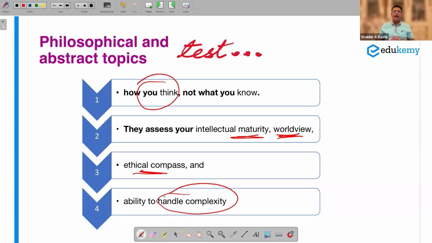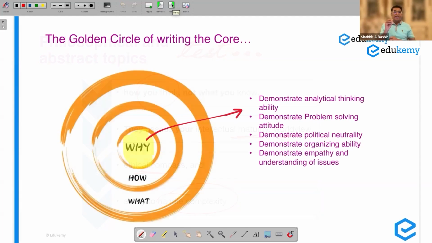The objective is not to add more evidences. The objective is that you should be able to demonstrate some aspects of your personality. Keeping that in mind, we have this set of techniques on how you can develop your essay's body. So the why of the body of the essay is essentially demonstrating your analytical skills, your problem-solving attitude and ability, and your political neutrality.